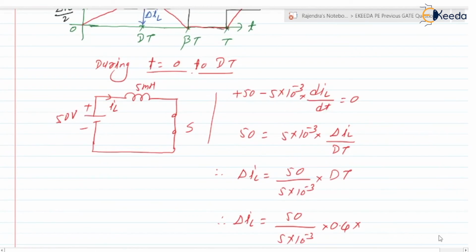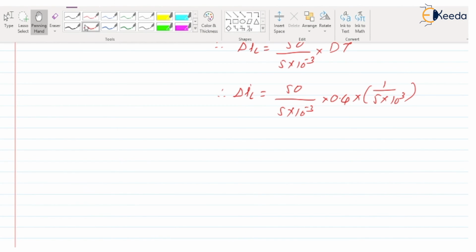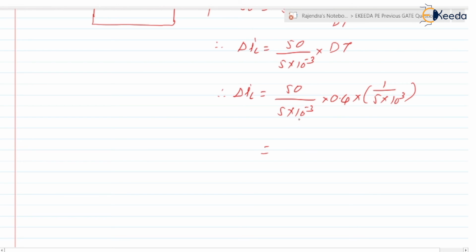It is 5 into 10 to the power 3, so 1 upon 5 into 10 to the power 3. The minus 3 plus 3 will get cancelled out. Therefore it is 50 into 0.4 divided by 5 into 5, that is divided by 25, so 0.8. Delta IL is equal to 0.8 ampere, right? The delta IL we are having.